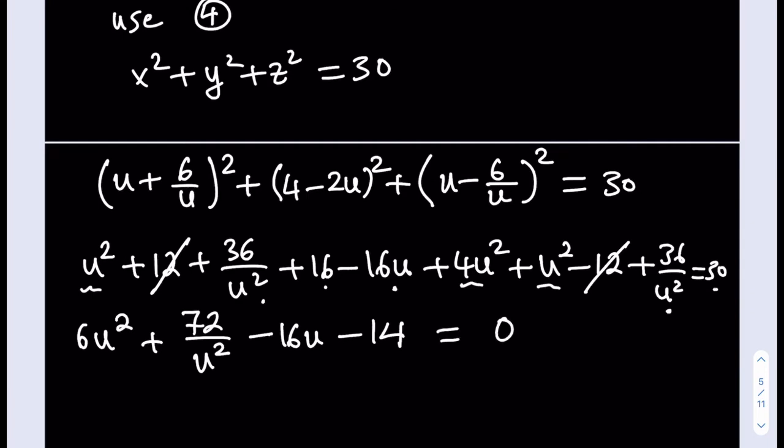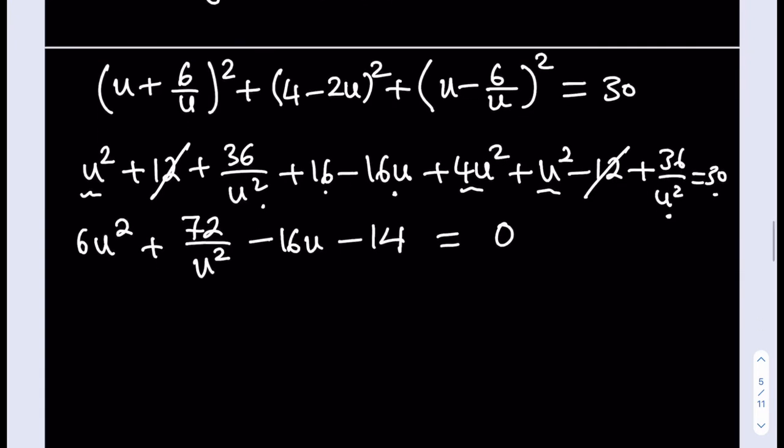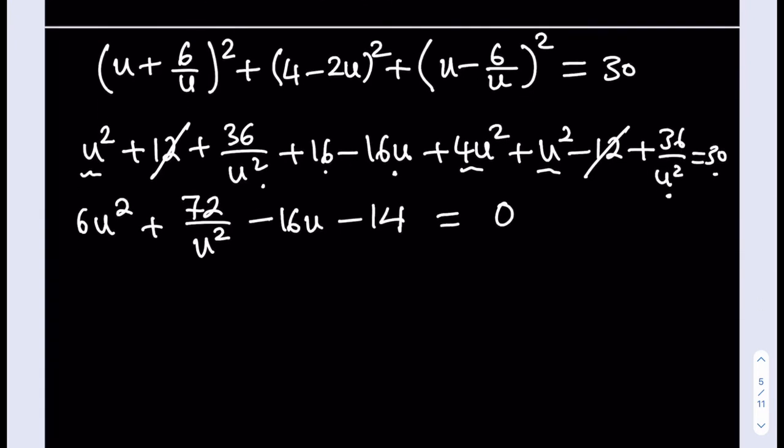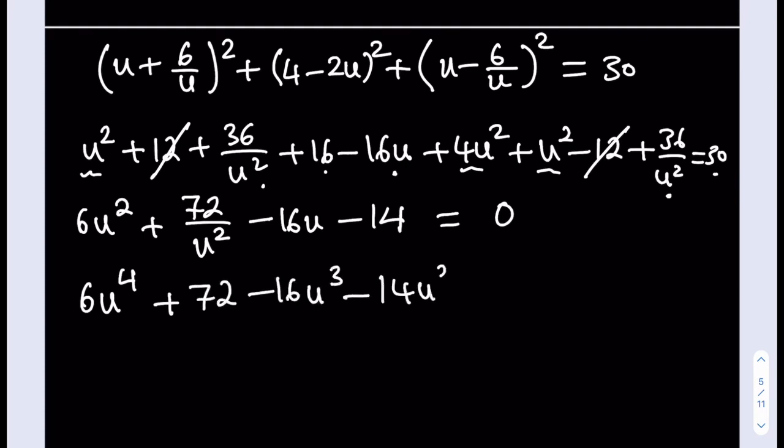Nice. Well, we still have a rational expression. So what we need to do is get rid of all the fractions. So I'm going to multiply both sides by u squared. We know that u does not equal 0, so it wouldn't be a problem. So let's go ahead and do that. 6u to the 4th plus 72 minus 16u cubed minus 14u squared is equal to 0.